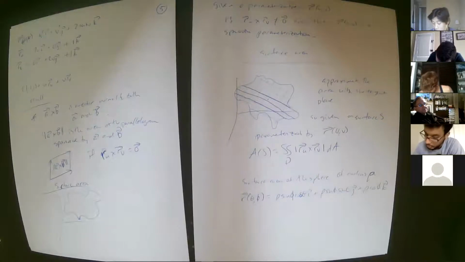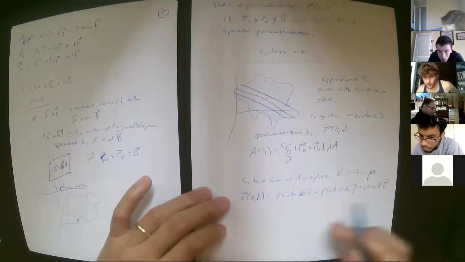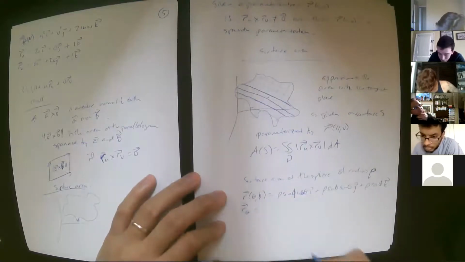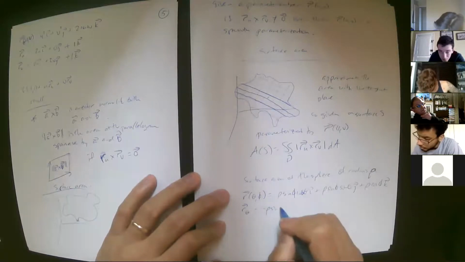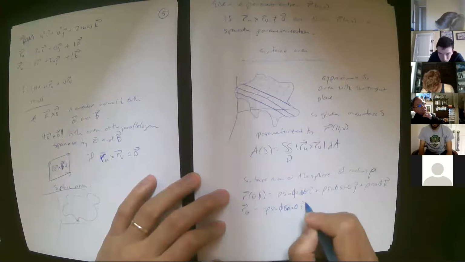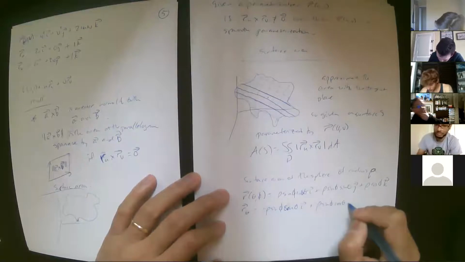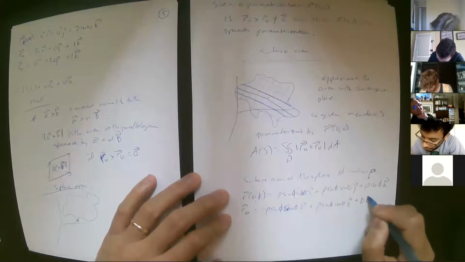And so now we're just going to compute the surface area. What is R theta? It's the derivative of this with respect to theta, which is minus rho sine phi sine theta i plus rho sine phi cosine theta j plus 0 k.